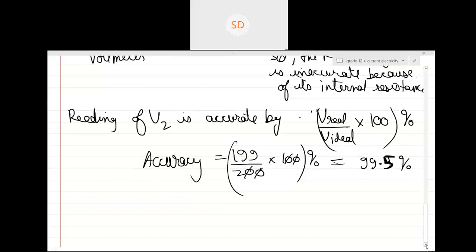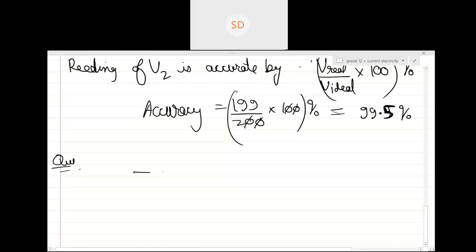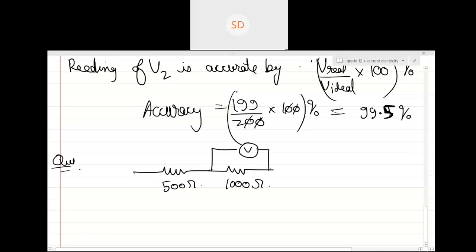There is a 500 ohm resistance and there is a 1000 ohm resistance, and there is a voltmeter connected across the 1000 ohm.